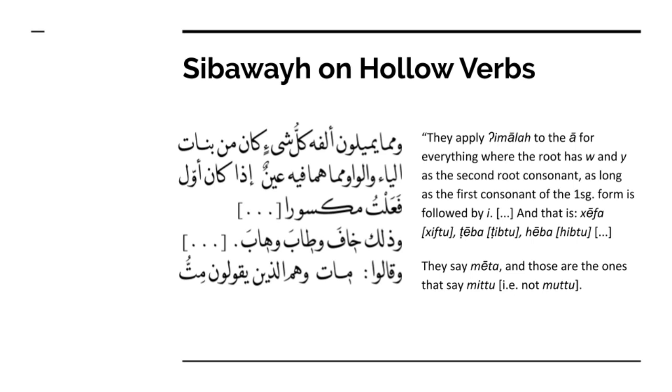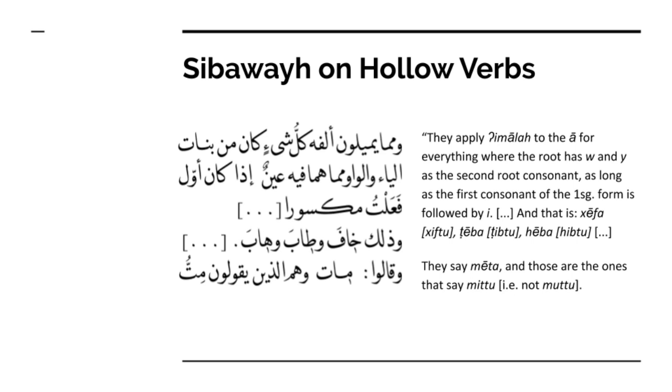And that is, for example, khafa, because you say khiftu, tayyiba, because you say tibtu, haba, because you say hibtu. And he also adds, they say mita, and those are the ones that say mittu, for I died, instead of muttu, which are two variants there that exist. Typical Sibawayh style, without being explicit why he is adding this in the second sentence somewhere else, but that's certainly why he's saying this.